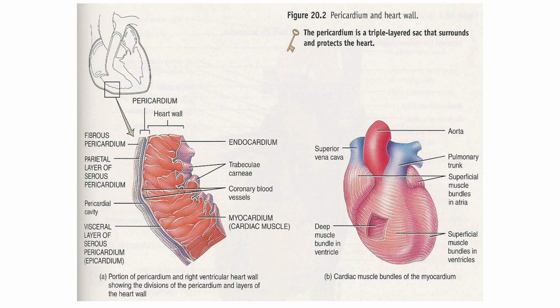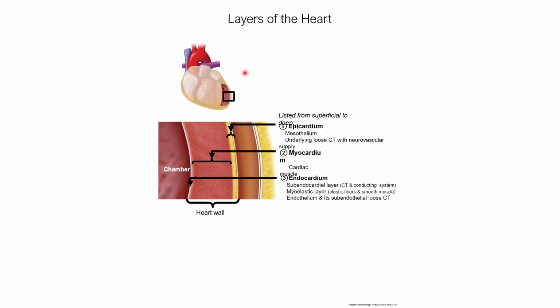So if we want to look at it more closely, the outer layer here, this is the heart, this is the chamber of the heart. It has the thin endocardial lining here, then the thick myocardium, then the outer layer, the epicardium, then we have the pericardial cavity of the sac, then the fibrous and the serous layer of the sac.